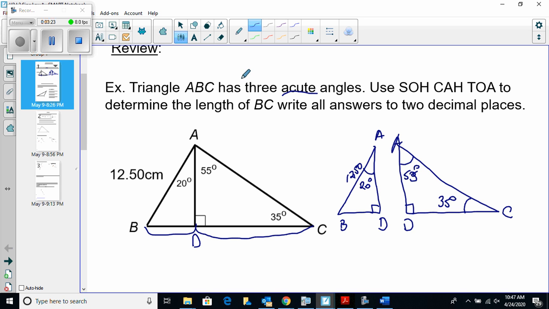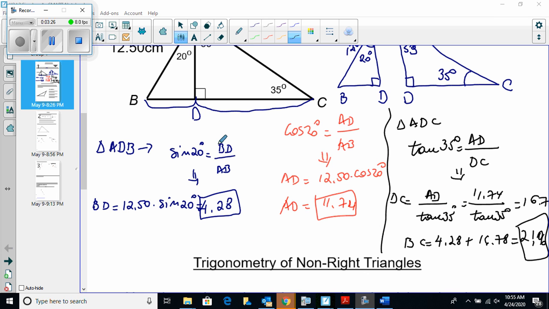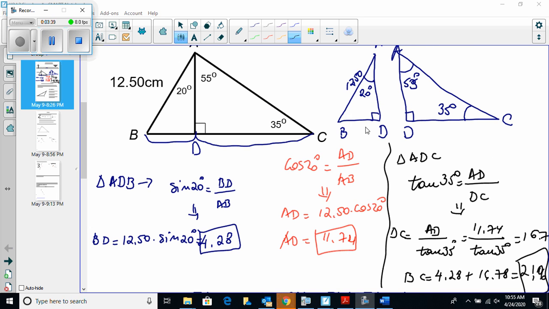I will give you like 1 minute to deal with it. Okay, so hopefully you will have this work here. What we have done is divide those two triangles, and on triangle ADB, we found BD initially, because this is what we are looking for.